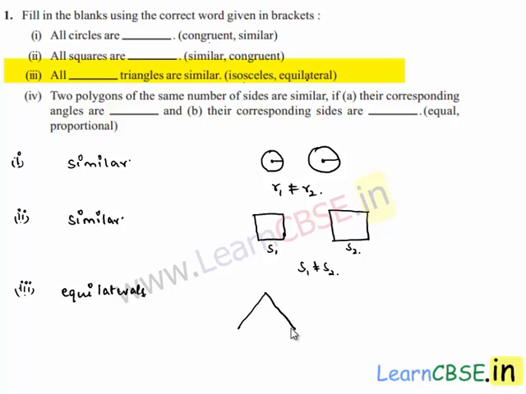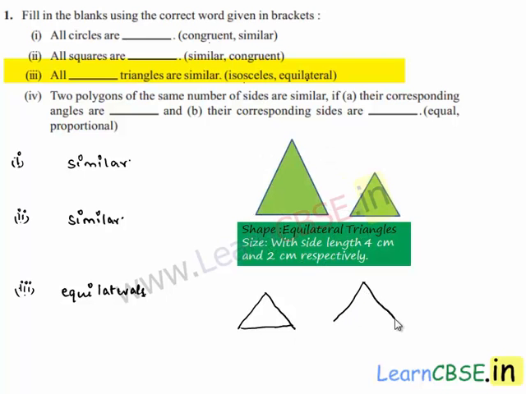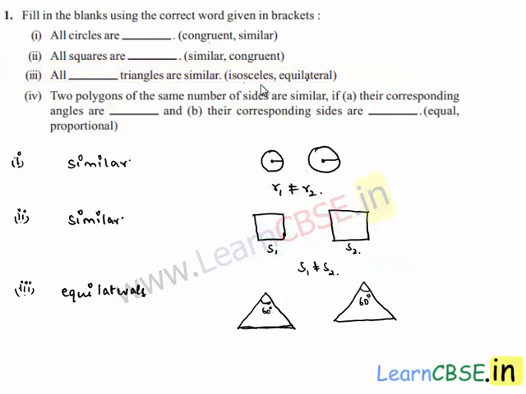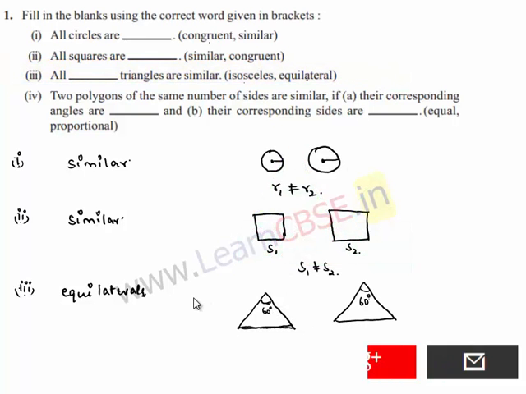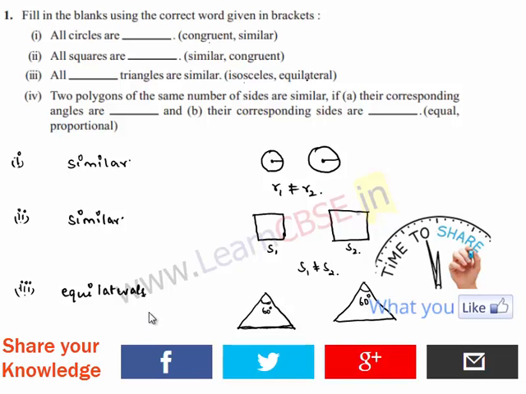So if we consider two equilateral triangles with included angle 60 degrees each, then there may not be a scope that all the sides of one equilateral triangle are equal to all the sides of the other equilateral triangle, but the shape is the same. So we can say that all the equilateral triangles are always similar.